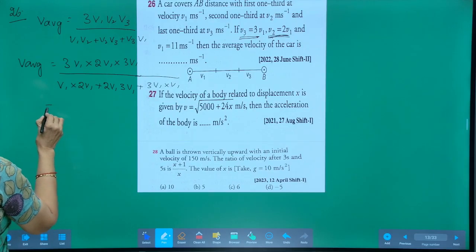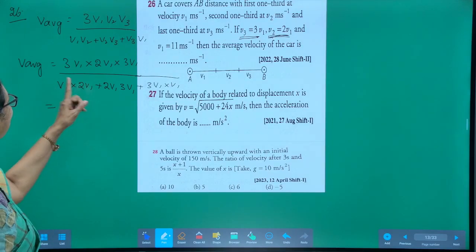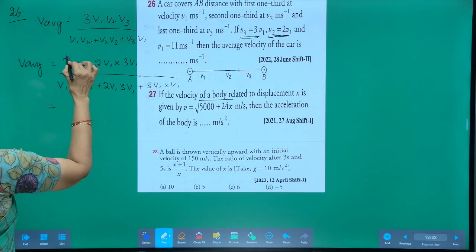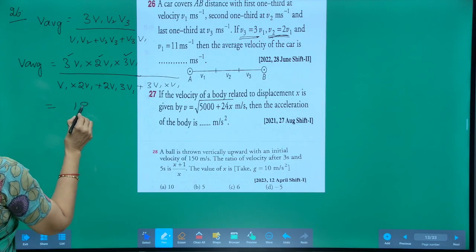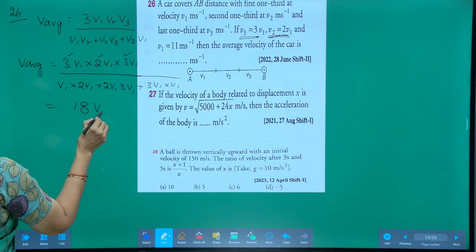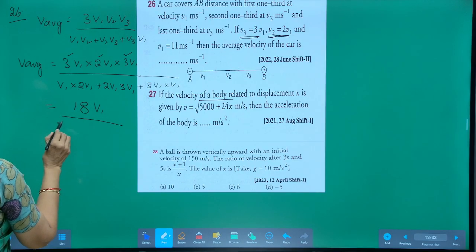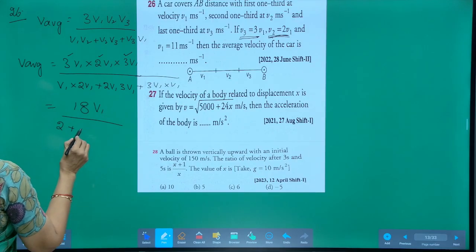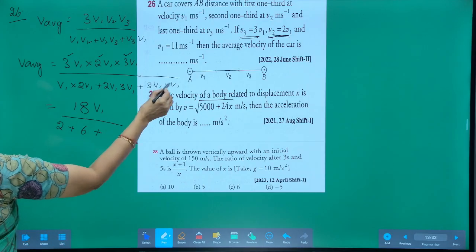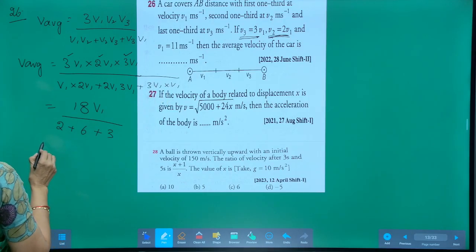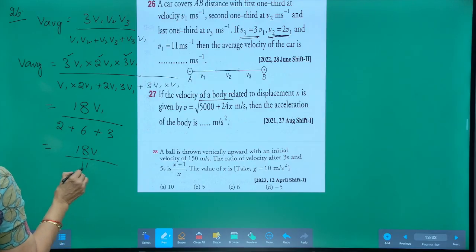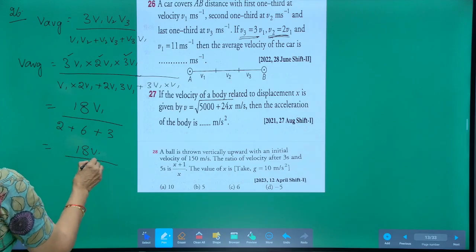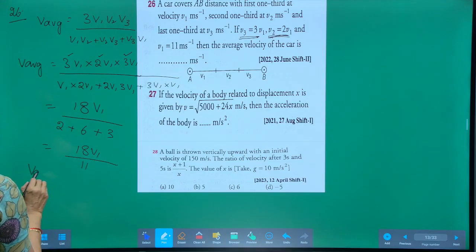Here V1 square gets cancelled. 3 2s are 6, 6 3s are 18. So 18 V1 by 2 plus 2 3s are 6 plus 3 1s are 3. So this is 18 V1 by 11. That is the average speed.